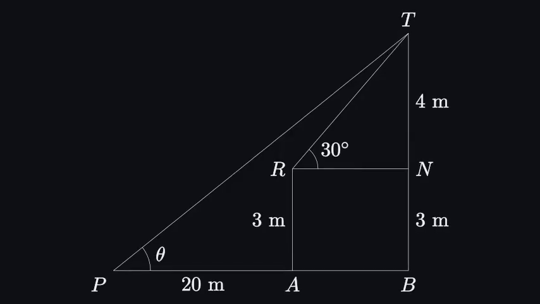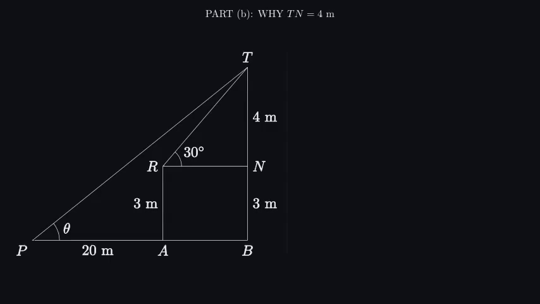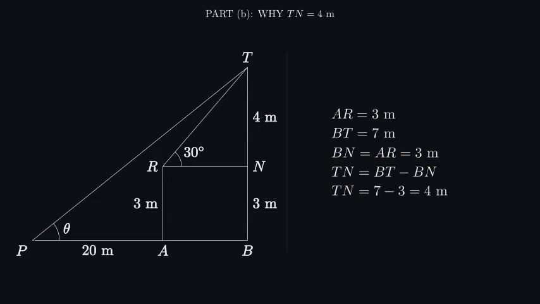Study the diagram carefully. This prepares us for the next step. The shorter pole is 3 meters high, and the longer pole is 7 meters high. Since N is at the same height as R, BN equals 3 meters.